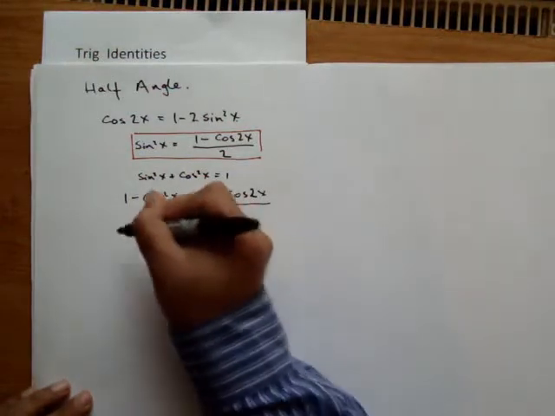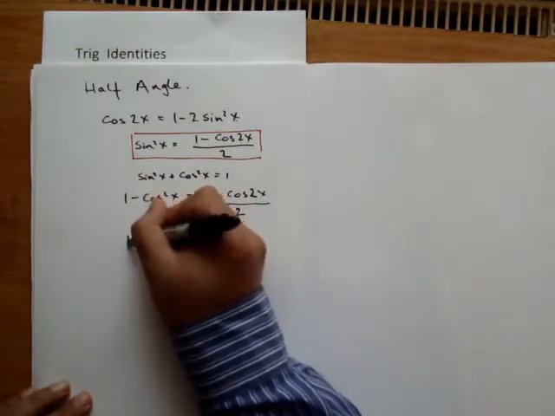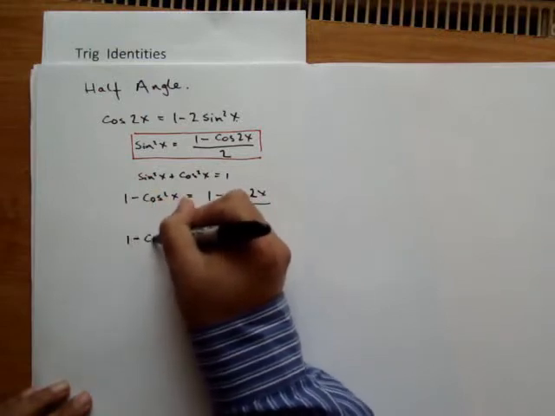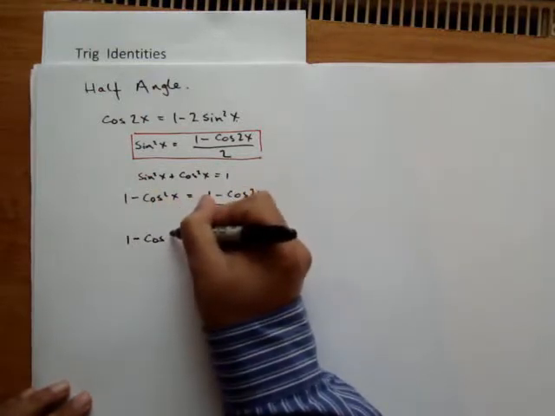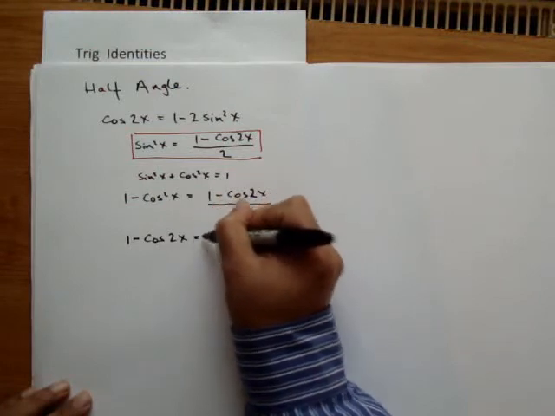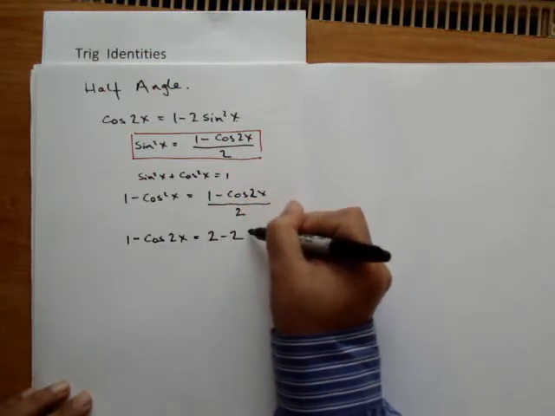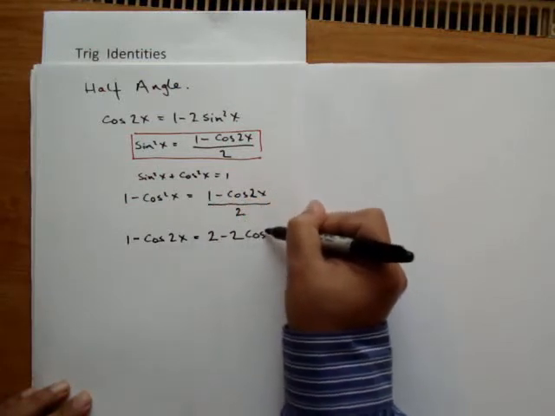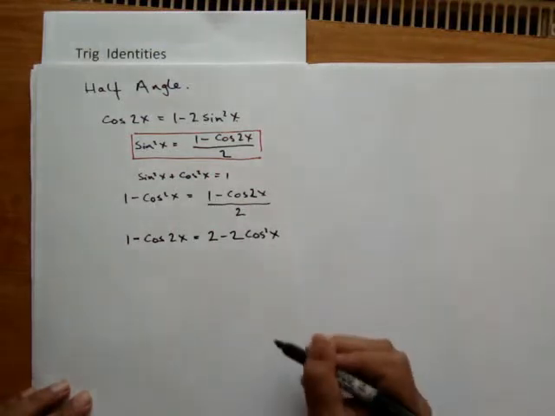Now, using our identity sine squared x plus cos squared x equals 1, sine squared x is nothing but 1 minus cos squared x, and that equals 1 minus cos 2x all over 2. When we rearrange that, we get 1 minus cos 2x equals 2 minus 2 cos squared x.